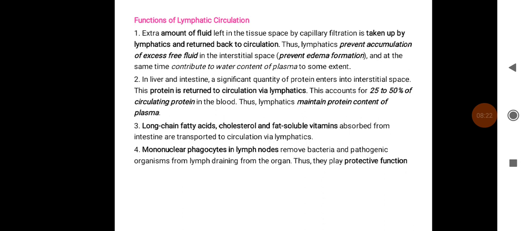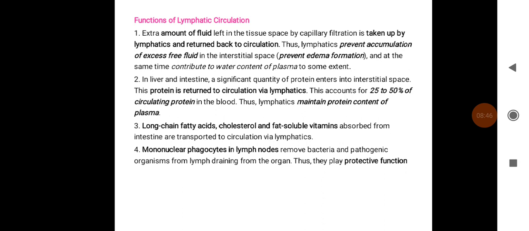In liver and intestine, a significant quantity of proteins enters into the interstitial space. This protein is returned to circulation via lymphatics. So this accounts for almost 25 to 50% of the circulating protein in blood. Thus lymphatics maintain protein content of the plasma.